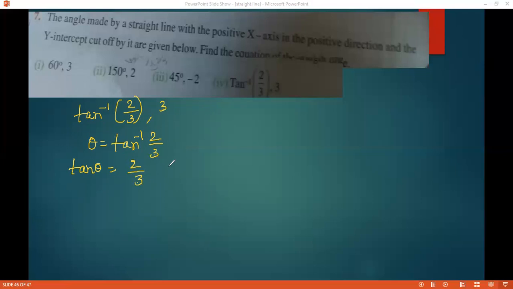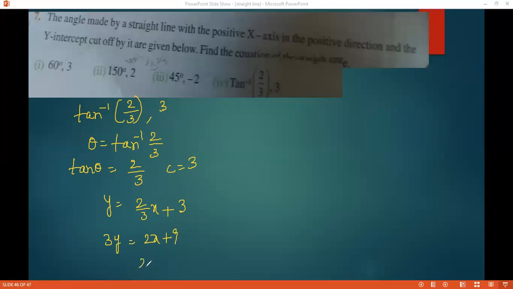And then c, the y-intercept, is given as 3. So y is equal to, slope is tan theta, that is 2 upon 3, into x plus c, 3. Just take the LCM and cross multiply it. So 3y is equal to 2x plus 9, right?